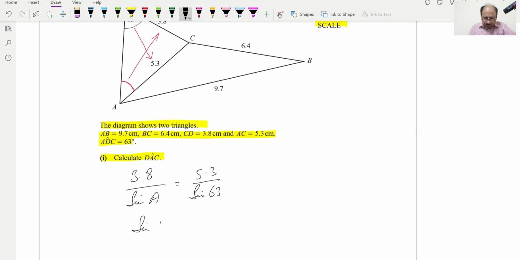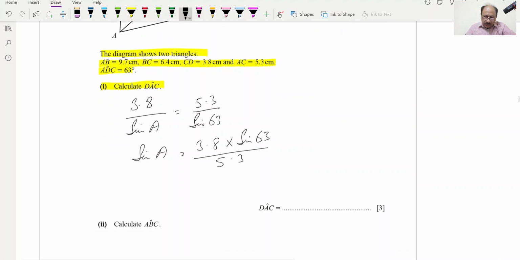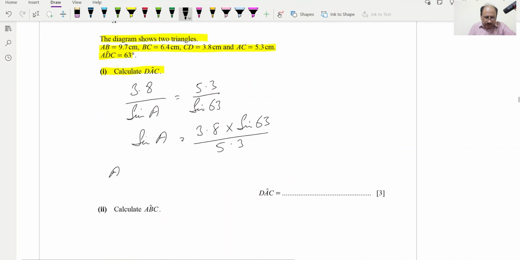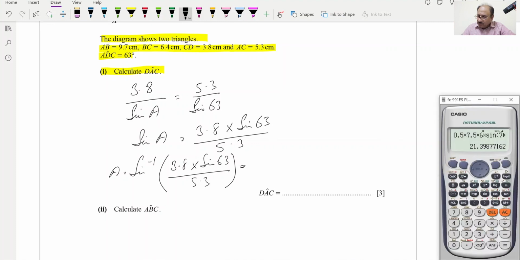So sine A will be equal to 3.8, we are making sine A the subject, and this will be multiplied by sine 63 and divided by 5.3. And here we can write A will be equal to sine inverse of 3.8 into sine of 63 divided by 5.3, and we can find this in one go.